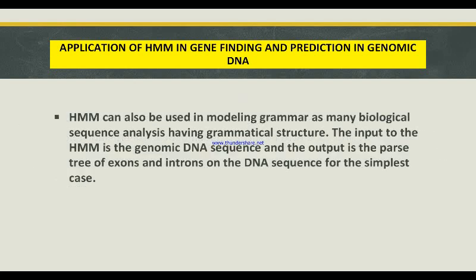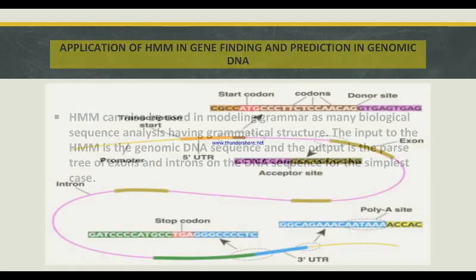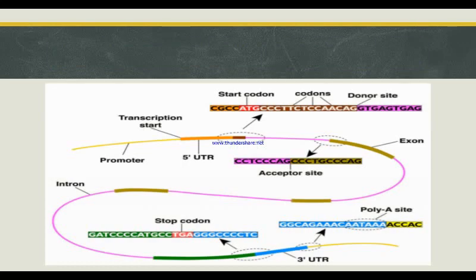HMM can also be used in modeling grammar, as many biological sequence analyses have grammatical structure. The input to the HMM is the genomic DNA sequence, and the output is the parsed tree of exons and introns on the DNA sequence for the simplest case. Let's look at this diagram. Here we can see the intron part and the exon part.